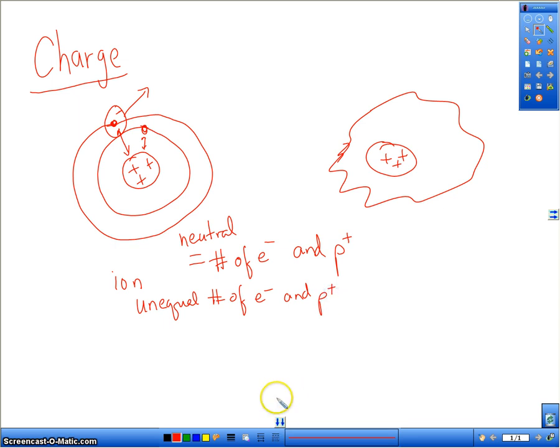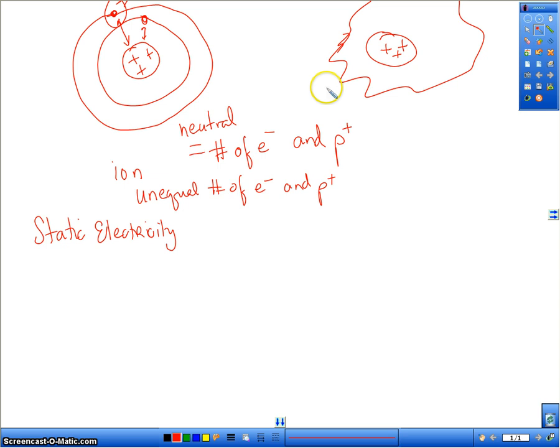Now we come to electricity and static electricity, which is what we're going to be talking about for a while. With static electricity, we're going to be taking electrons and adding them or subtracting them from particular objects. So we're going to move the electrons around. I want you to understand that.